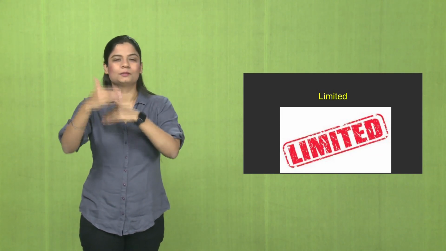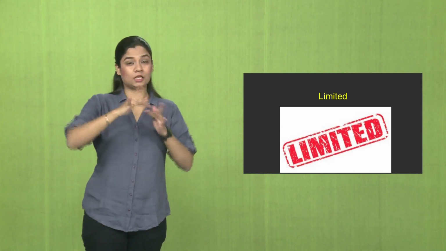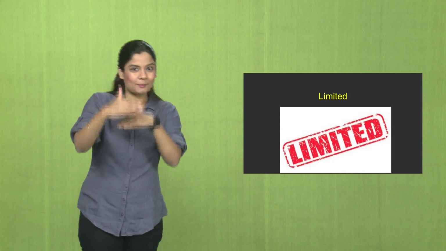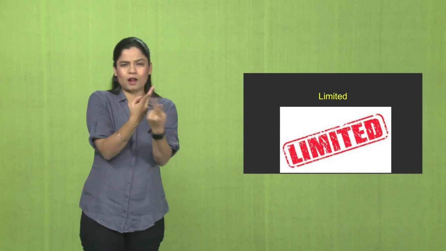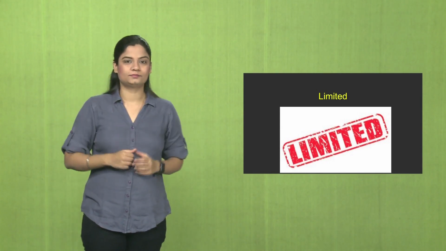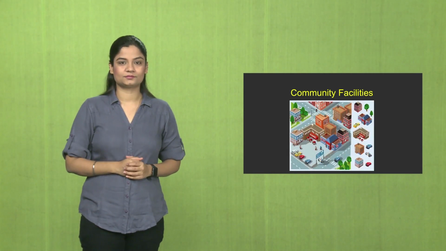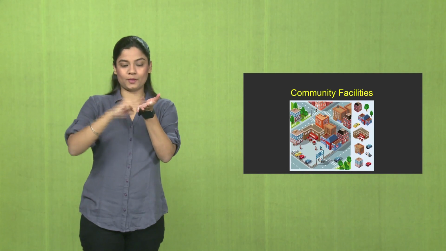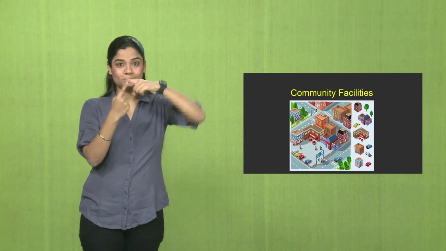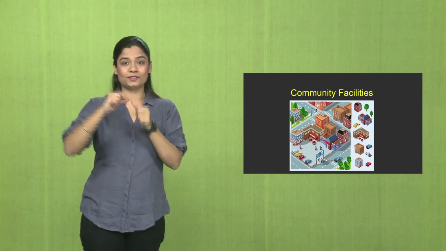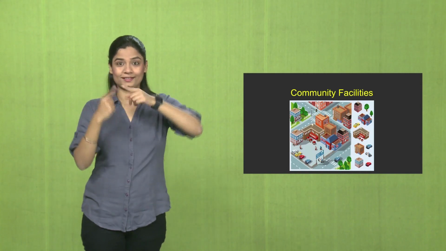Limited, restricted in size. For example, you all use internet on your mobile, right? You have a limited amount of GB that you can use on your mobile. So, a restricted amount that you can use. That is called limited. Community facilities.